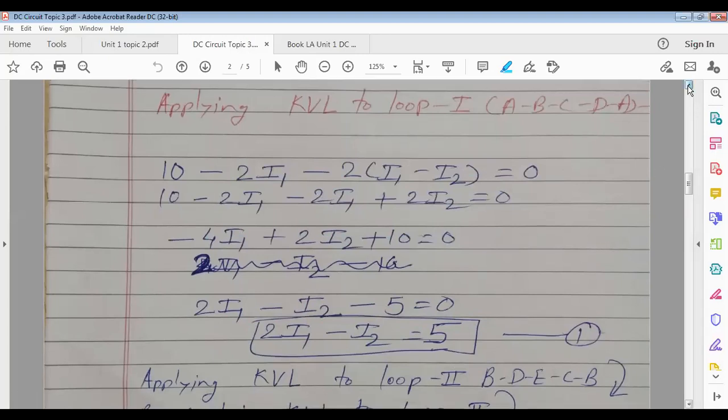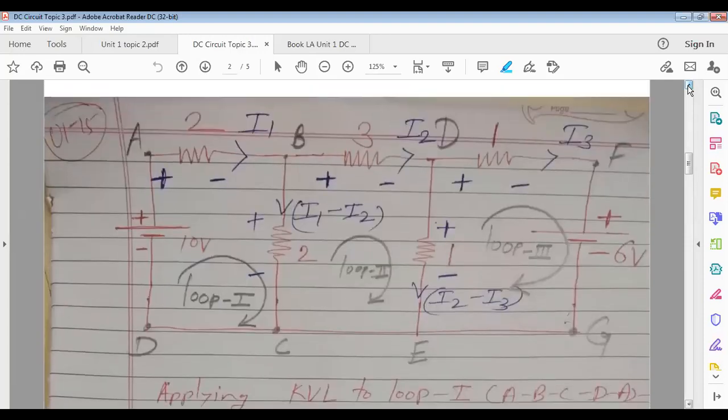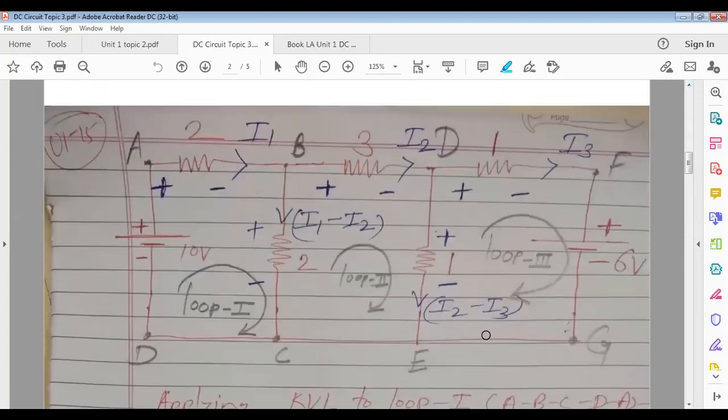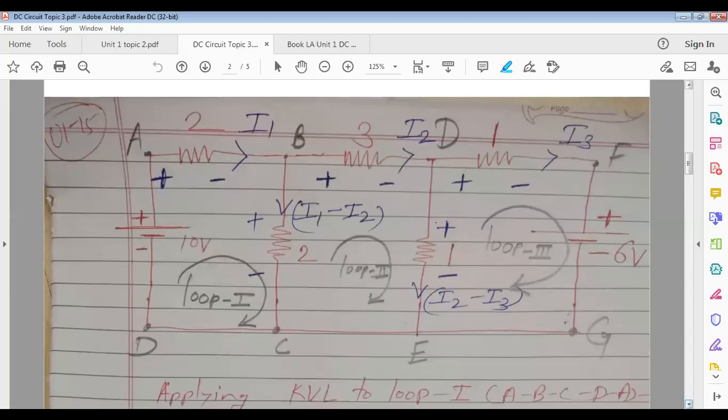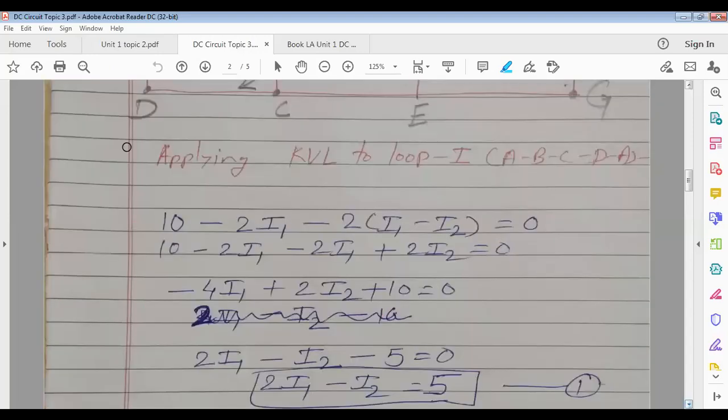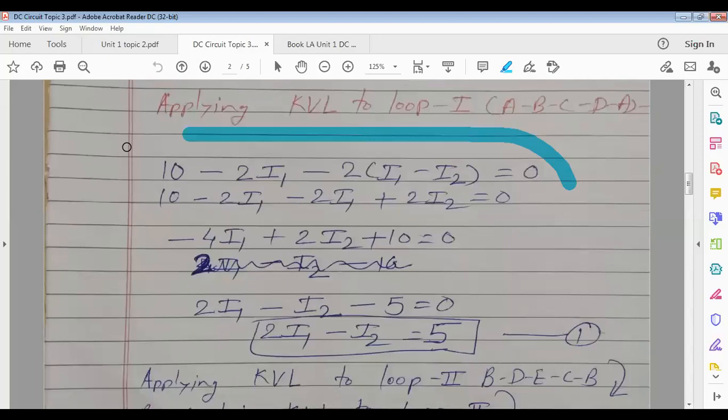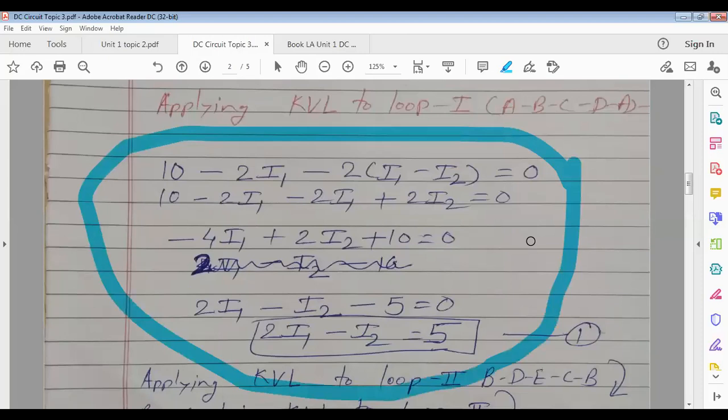Now form the equation for the second loop, everyone. In the second loop, how are we moving? Has everyone finished the first one, or should I wait for one more minute? Finished? So can I explain loop 2?